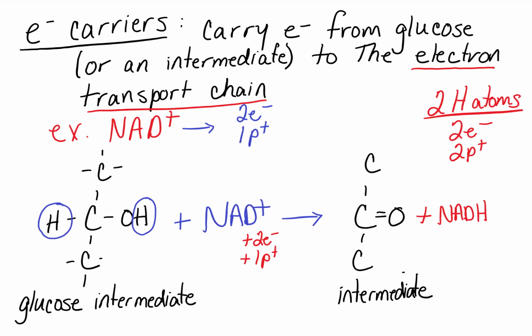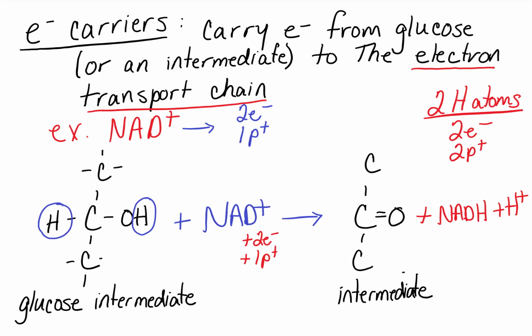That's part of the 2 hydrogen atoms that were removed from the glucose intermediate of our product, but we also have a second proton, which we are going to represent as a hydrogen ion, because the hydrogen atom has 1 electron and 1 proton. When you remove an electron, what you're left with is just a proton, or what we call a hydrogen ion. This is a redox reaction.